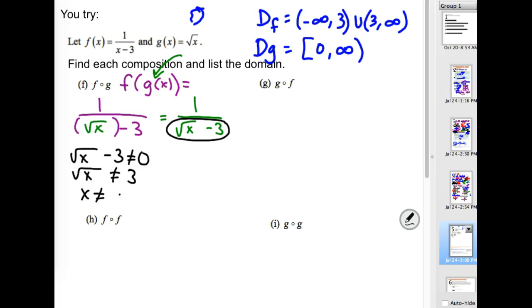So we're saying x can't be a 9. And if you think about it, if you put a 9 in here, you can see that that would give you a denominator of 0. So for my domain, we said focus on g, and then anything new that pops up in my final answer. So we have to eliminate 9 and be above or 0 or higher. So my domain here is going to be starting at 0, but jumping over 9.